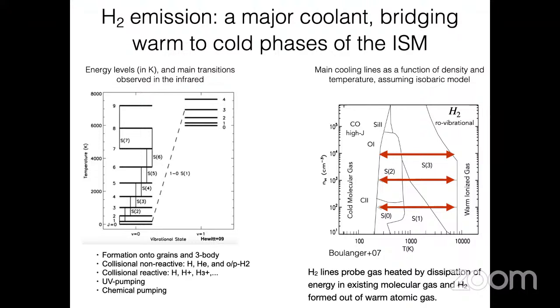And you see that H2 is a natural coolant when you go from warm ionized gas to cold molecular gas traced by CO. So H2 is this natural coolant and path from the warm to the very cold medium traced by CO. So it's a very complementary tracer that traces the energetics, whereas CO traces the mass budget of the molecular gas. And I've put those arrows in both directions because, let's say, you have cloud-cloud collisions, or you shock molecular gas, where you go from the left to the right through H2 also.